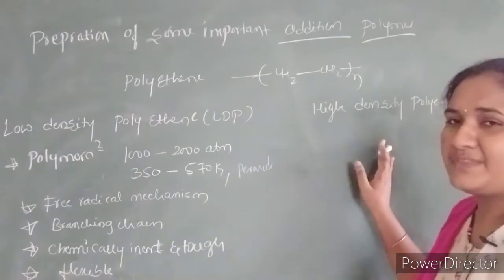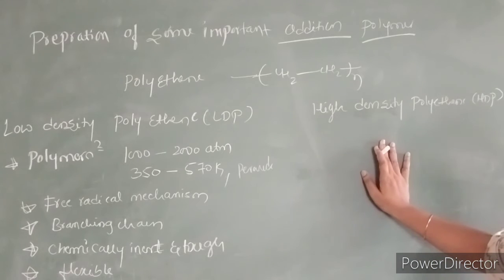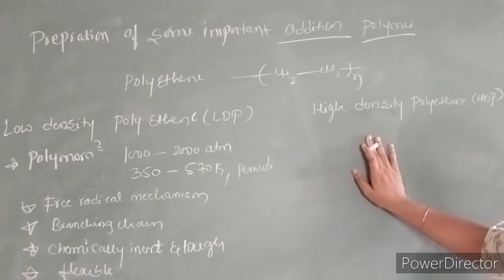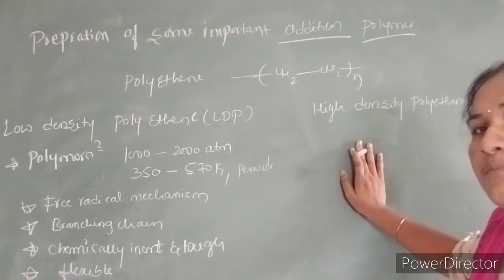If you move towards high density polyethylene, here it is formed when addition polymerization of ethene takes place in a hydrocarbon solvent in the presence of a catalyst.